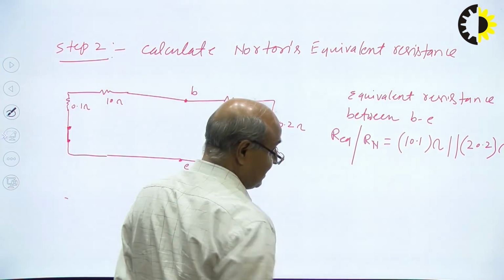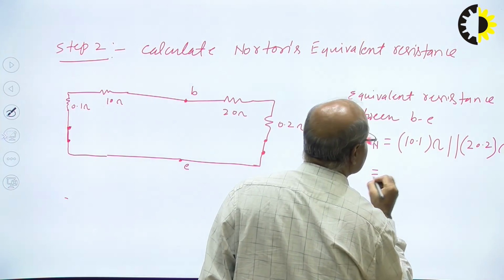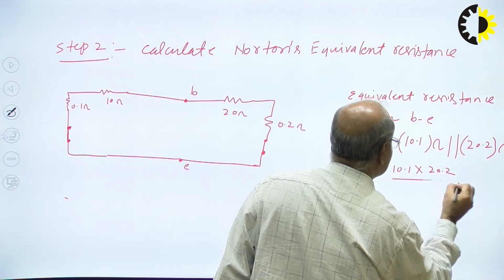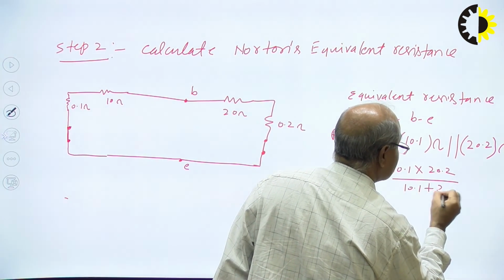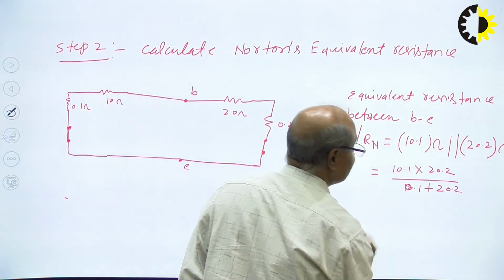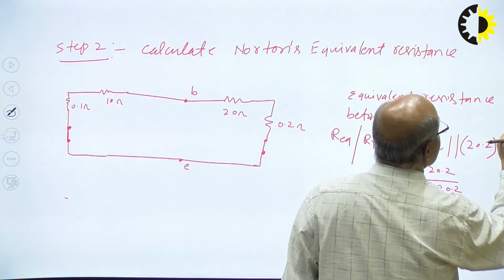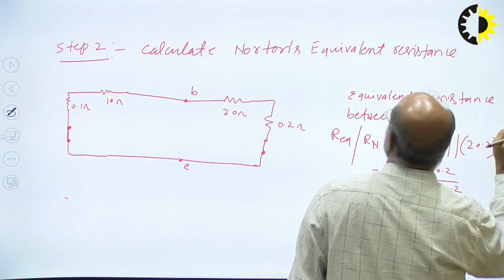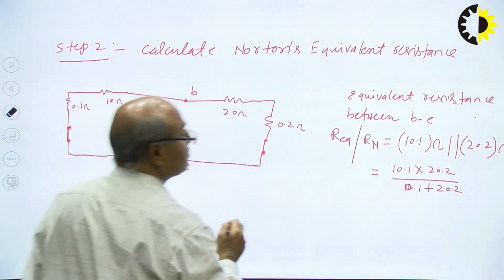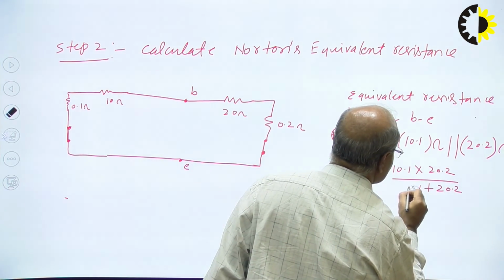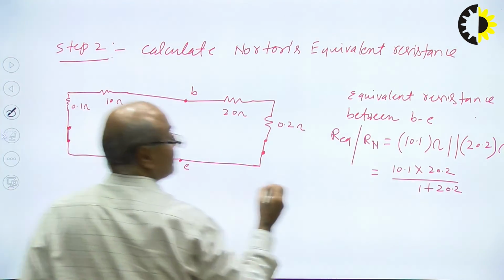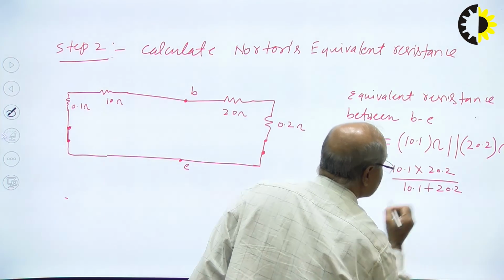So that's why we have written it like this, and very easily this is the product upon 10.1 plus 20.2. So you can calculate the equivalent resistance between B and E. This is 10.1, right.